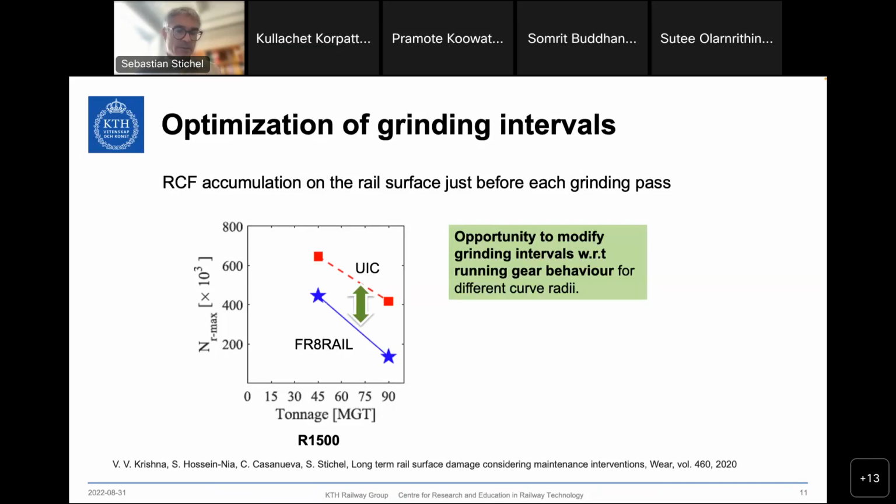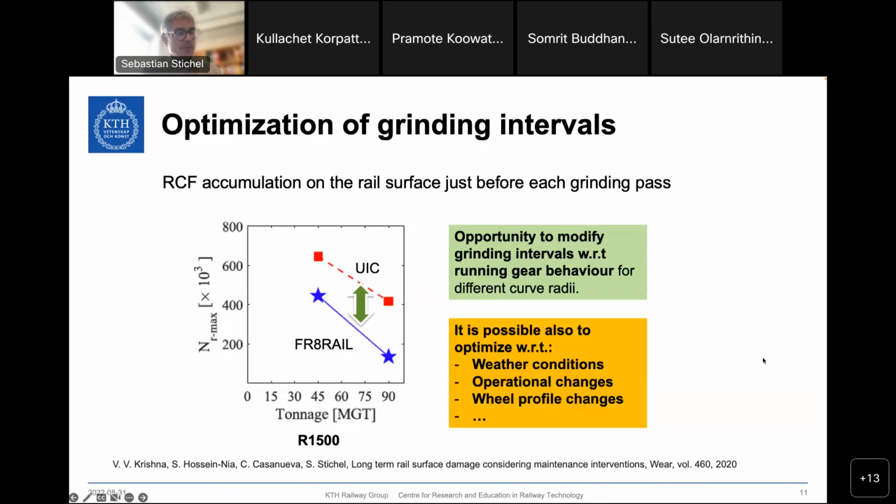Probably if a line is mainly operated by freight trains with these bogies, you don't need to grind the rails as often. But you can also use this tool to investigate how weather conditions or operational changes or wheel profile changes influence the behavior.